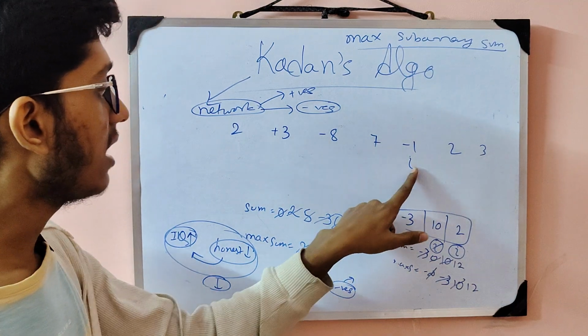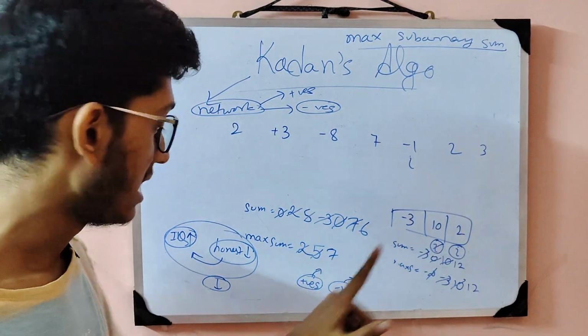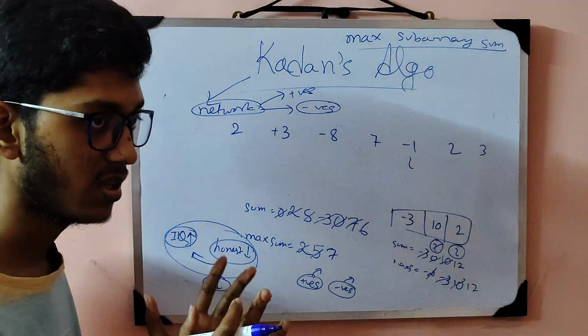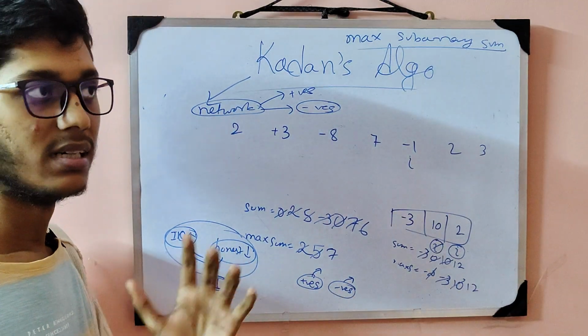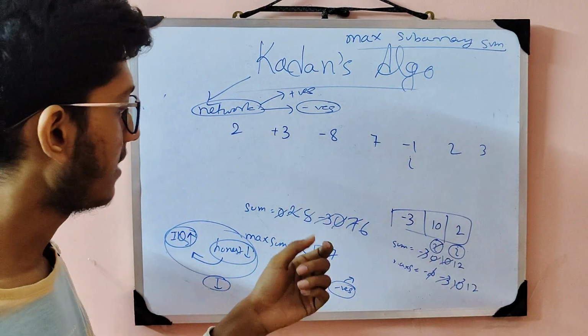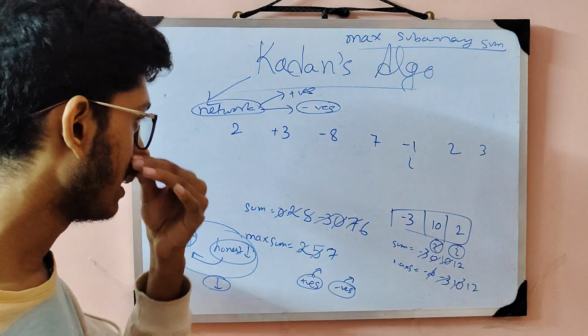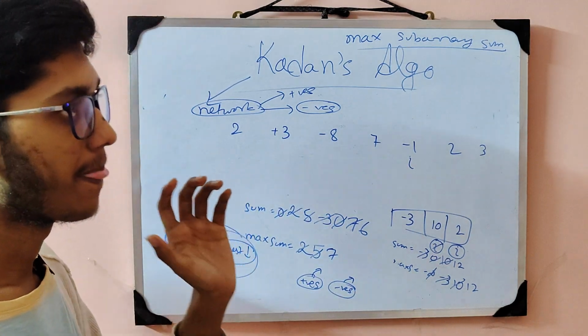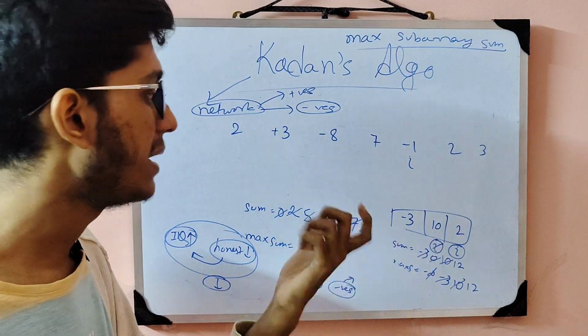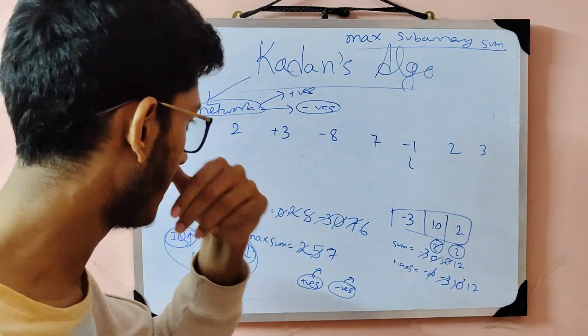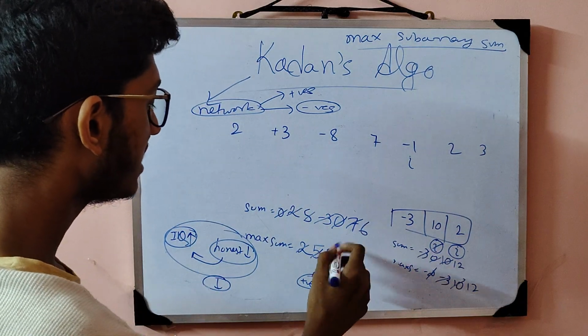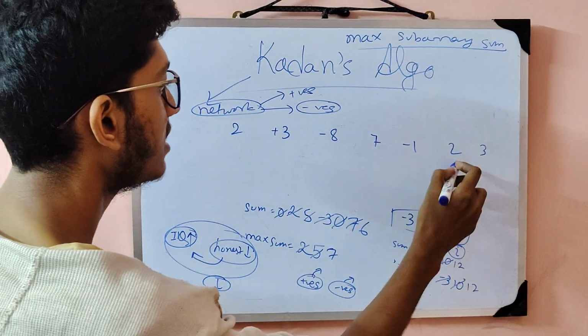See, here I will take this minus 1 because the person's overall behavior is positive, and it can make some betterment in the future subarray sum. Here I will take it, and is 6 greater than 7? No, I'll iterate again.